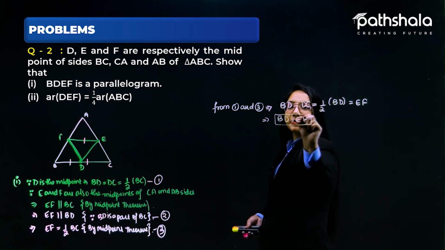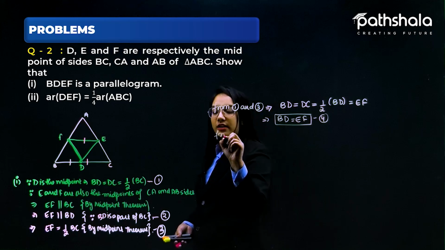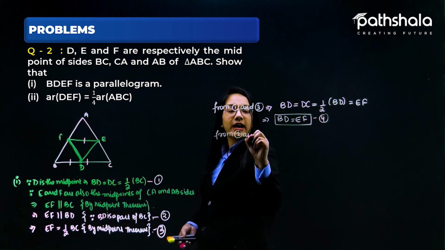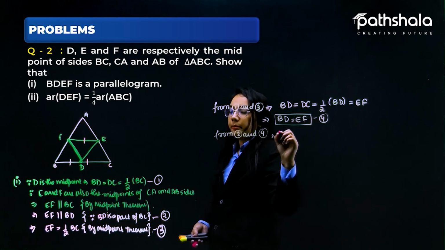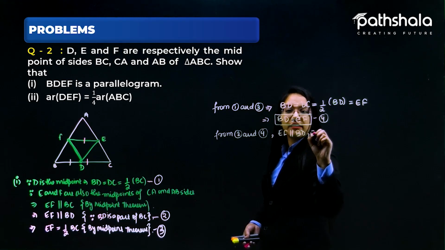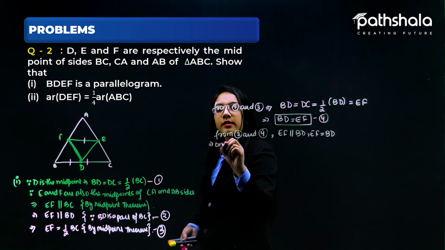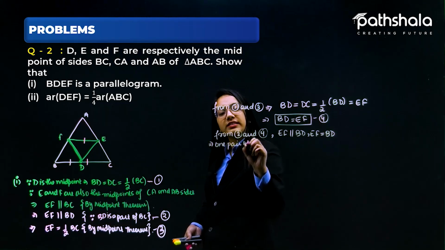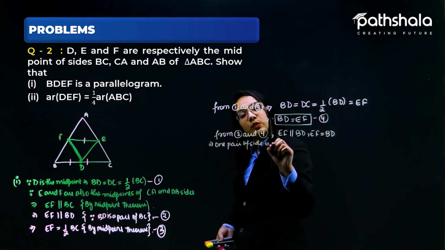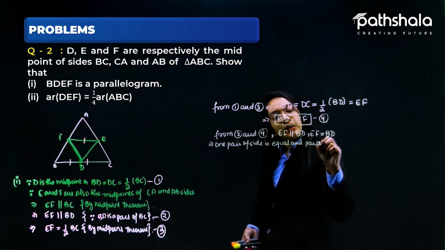And if BD is equal to EF, let us suppose I'm calling it 4, so we can say that from second and 4, EF is parallel to BD and EF is also equal to BD. It implies one pair of sides is equal and parallel.